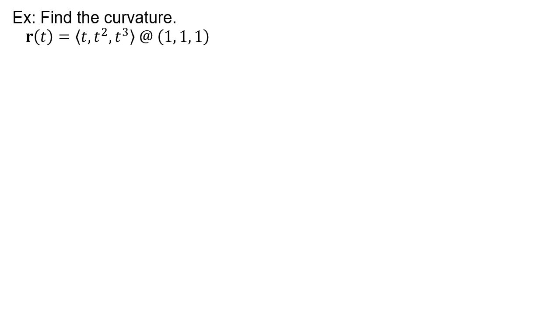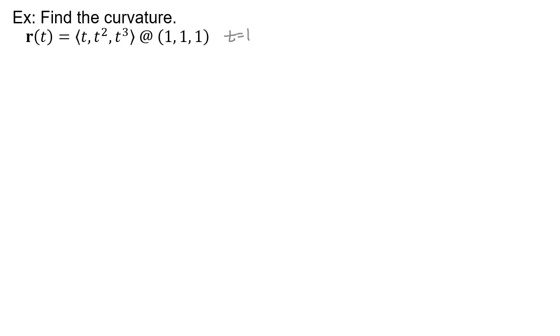Okay, this one also says find the curvature. But please notice there's a number, 1, 1, 1. Putting numbers in makes everything work out much nicer, and it's a lot easier to simplify. And so at the point 1, 1, 1, we'll have to figure out what the t value is. Hopefully it's kind of obvious. If they all come out to be 1 and the first one has a t by itself, that t must obviously be 1.